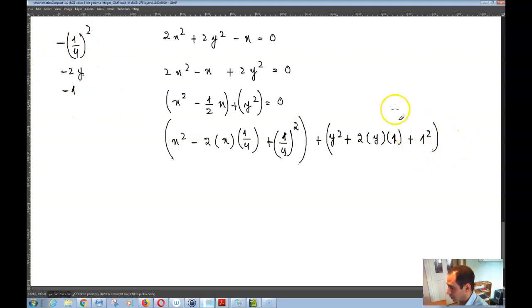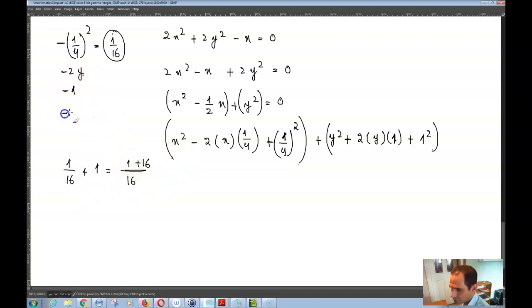So let's say that over here you have now 1/4 squared is equal to 1/16. So this is 1/16. I have to subtract 1/16. I have to subtract the 2y, and I have to subtract a 1. So now 1/16 plus 1 is equal to basically 1/16 plus 16/16 is equal to 17/16.